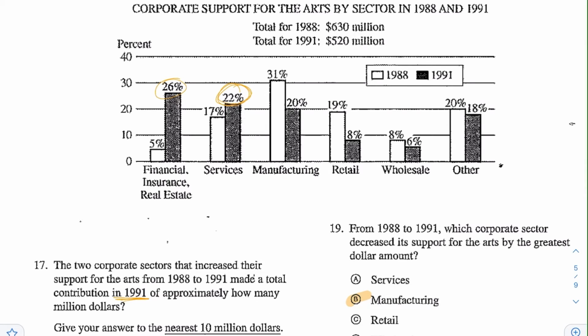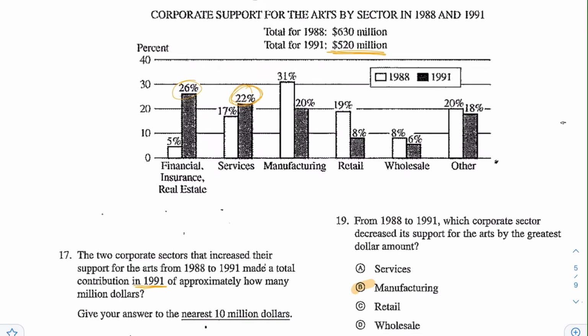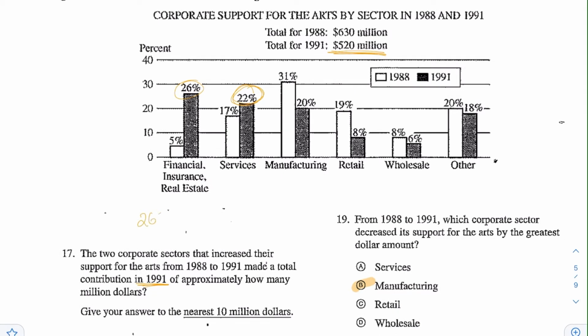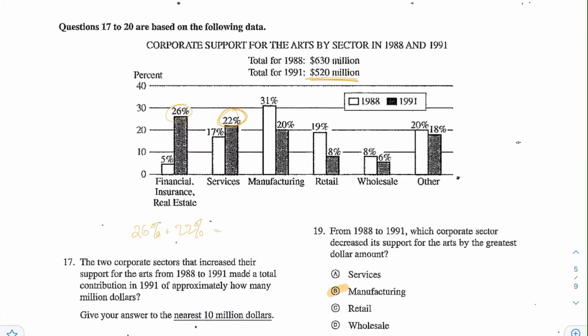Now the total for 1991 is 520 million. So the 26% plus 22%, and this is equal to 48%. So what you need to take is 48% of this 520 million, which represents the total in 1991.